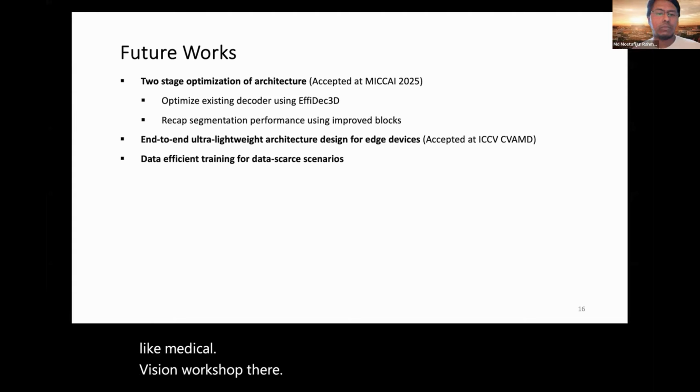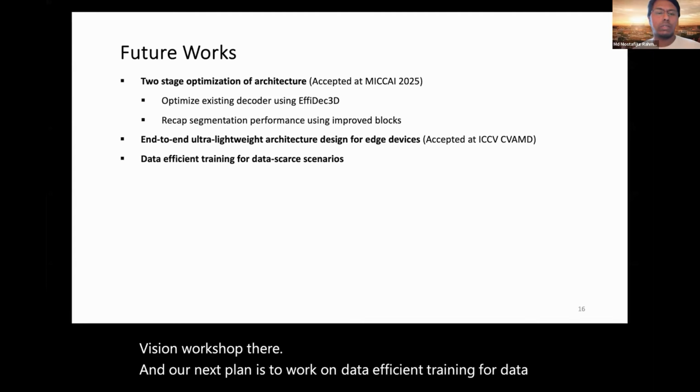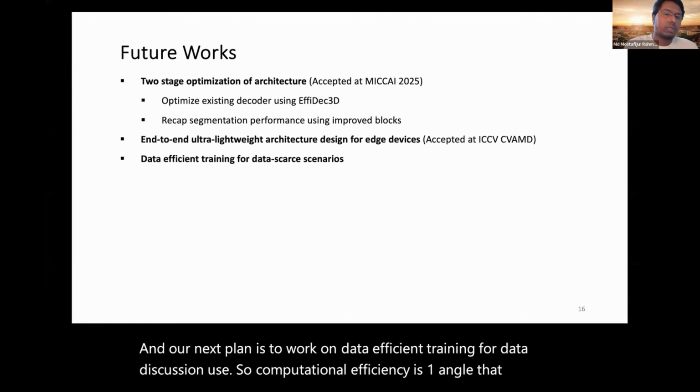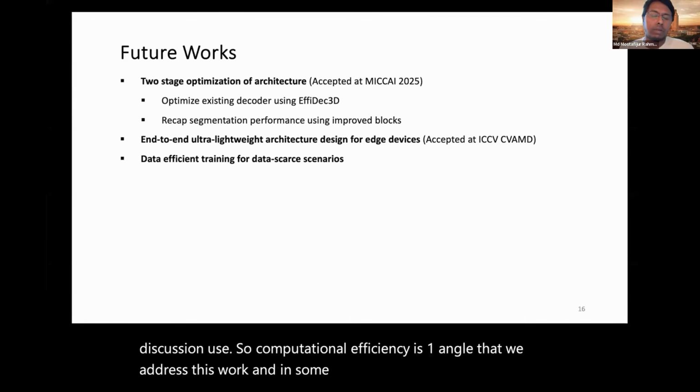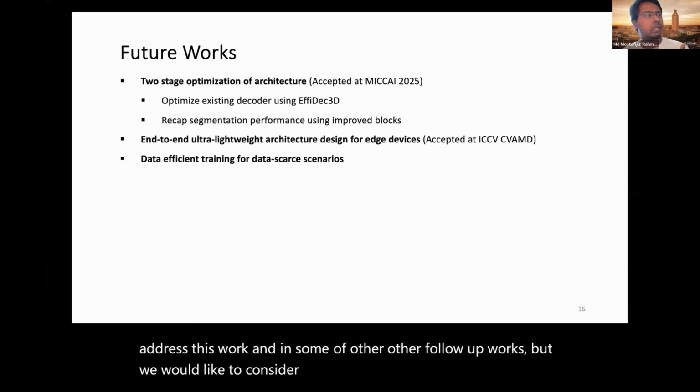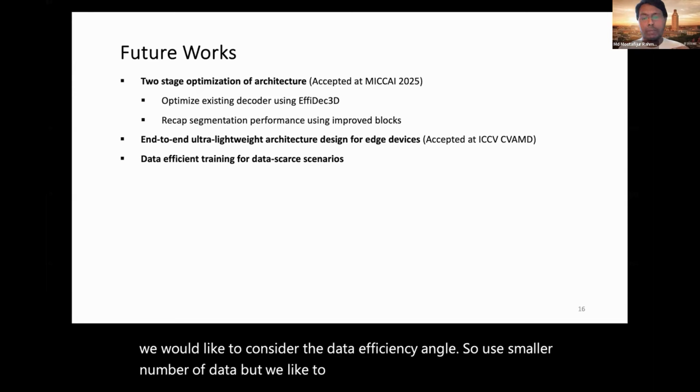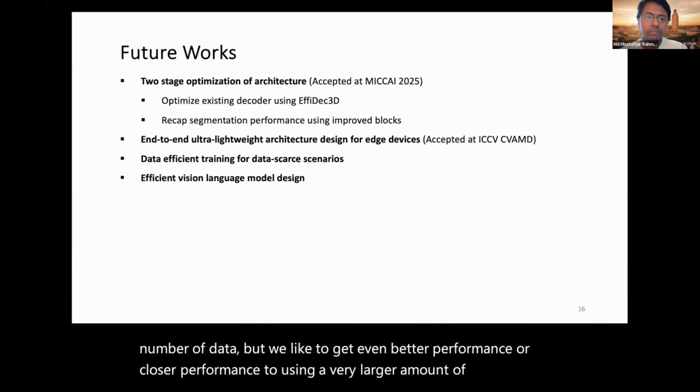Our next plan is to work on data-efficient training for data-scarce scenarios. Computational efficiency is one angle that we address in this work and in some follow-up works, but we'd like to consider the data efficiency angle: use a smaller amount of data, but get even better performance, or performance closer to using a much larger amount of data.